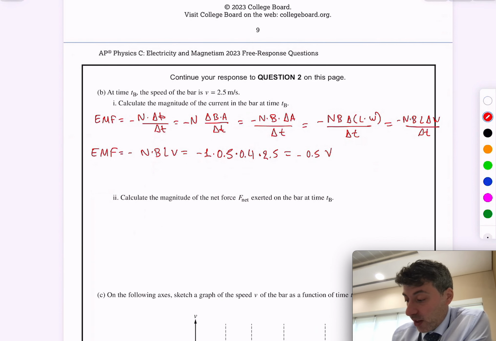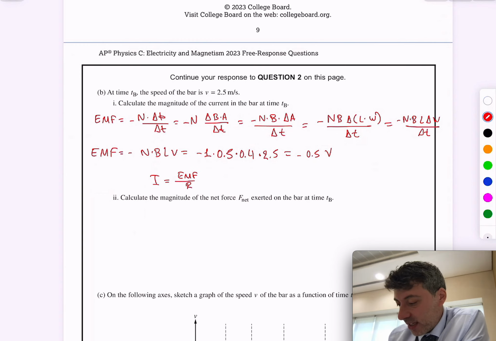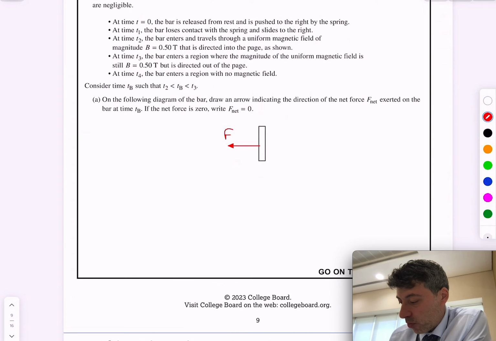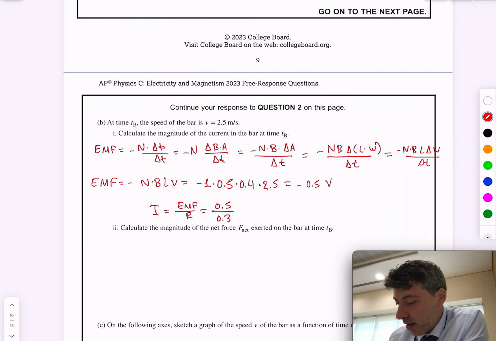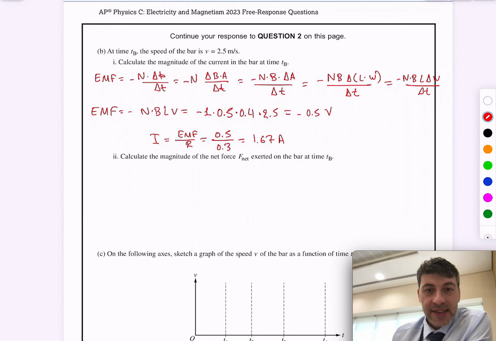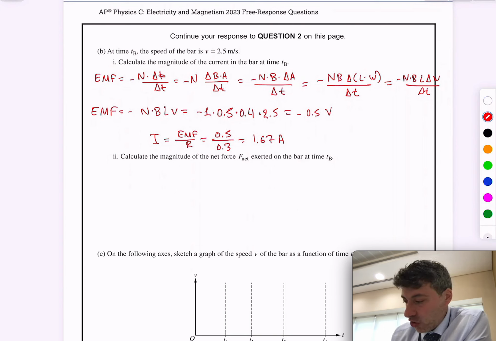We check the question, we need to find the current, and we quickly say that the magnitude of the current is EMF over the resistance, 0.5 over the resistance, which was also given somewhere, 0.3, and this is 1.67 amperes. And also we can find the force on this bar. This force is the force by a magnetic field on an electric current-carrying wire.